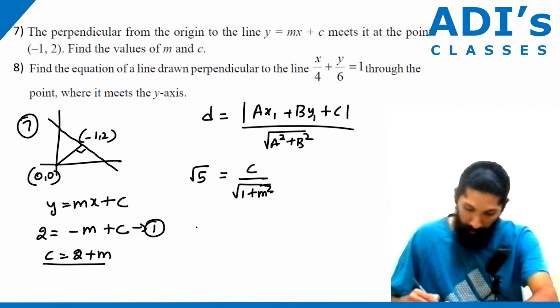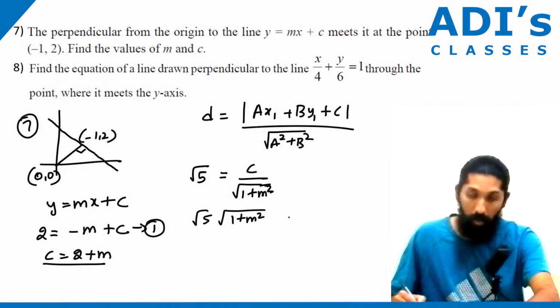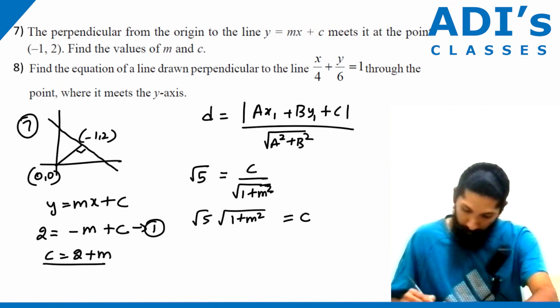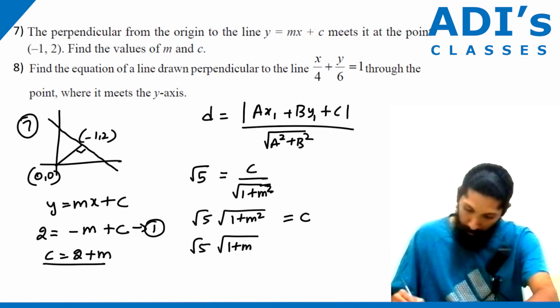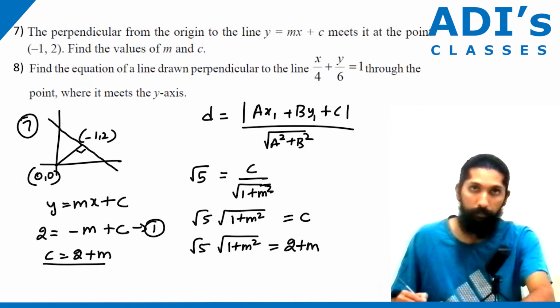Fine. Cross multiply, root 5 into root 1 plus m square is equal to c. What is c? 2 plus m. So root 5 into root of 1 plus m square is equal to 2 plus m. Now we need to square and simplify this one.